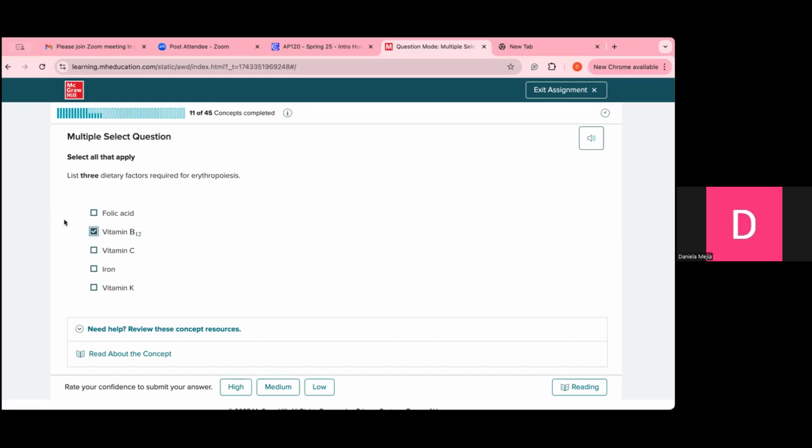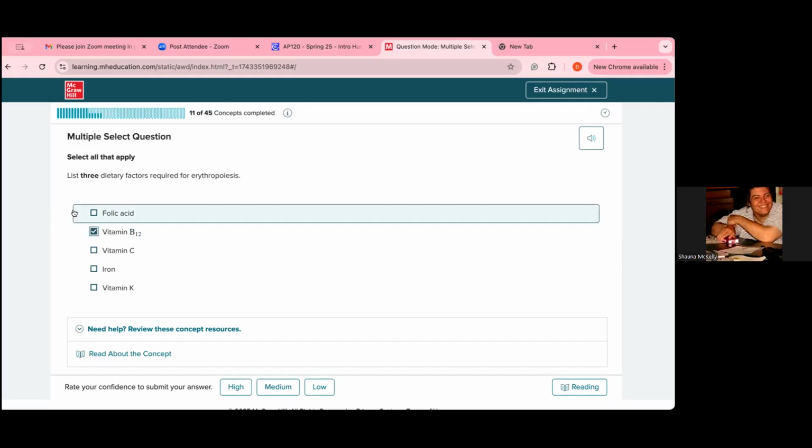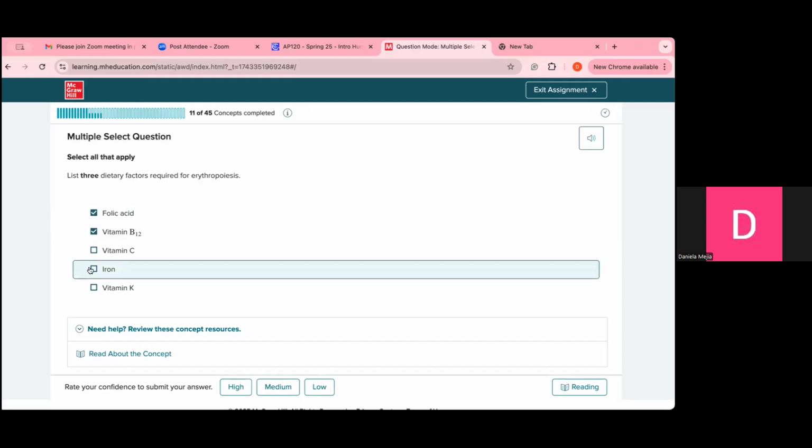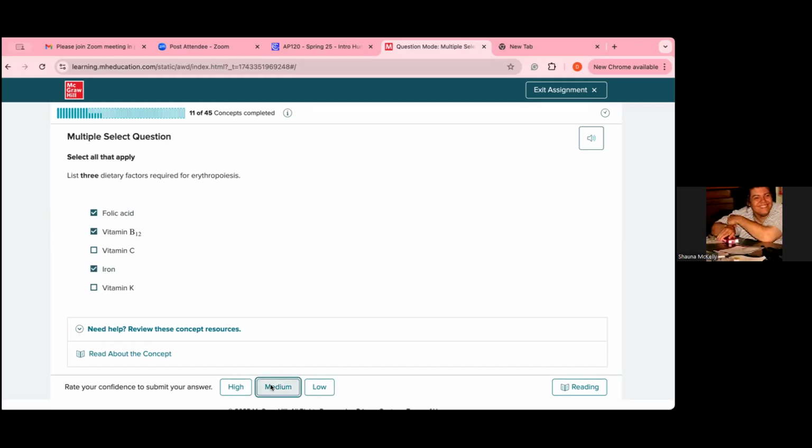I think it's like folic acid. Folic acid, right? And the one that prevents certain kinds of anemia. Would it be iron? Right. Those are the 3. Very good.